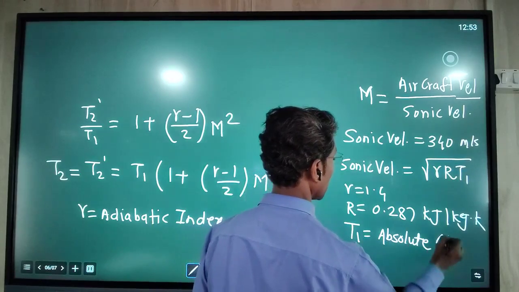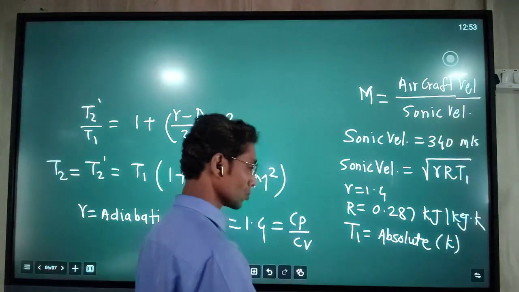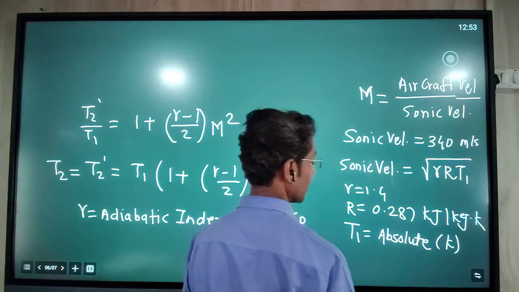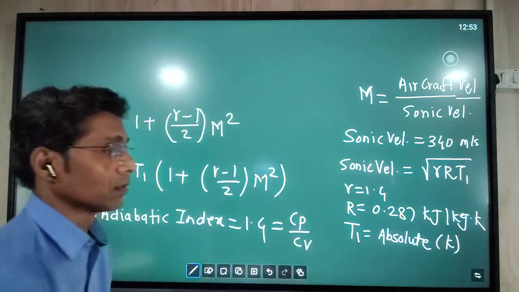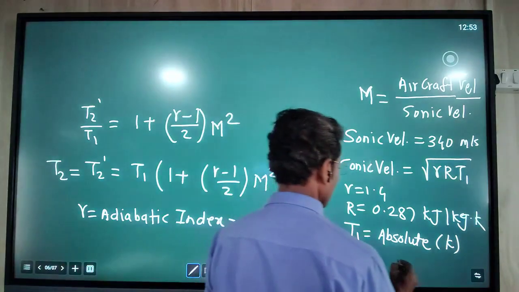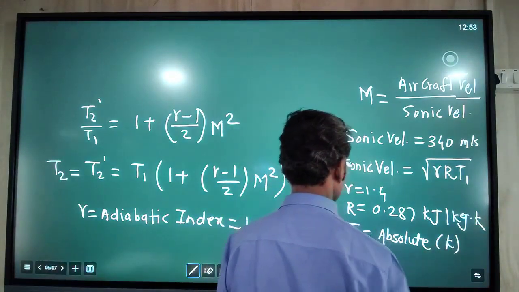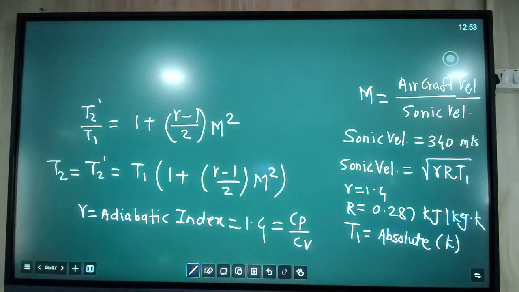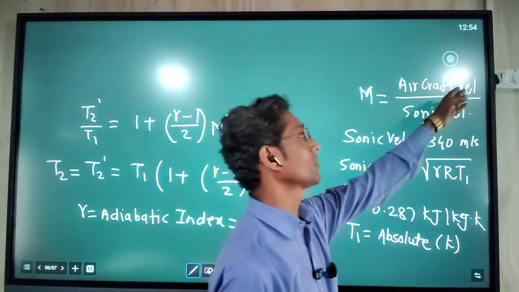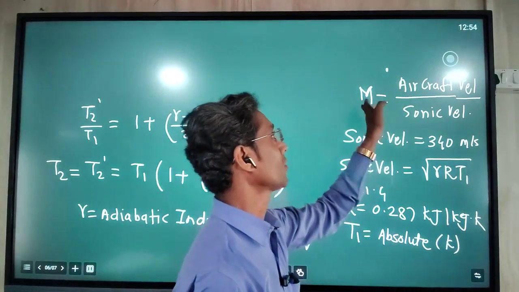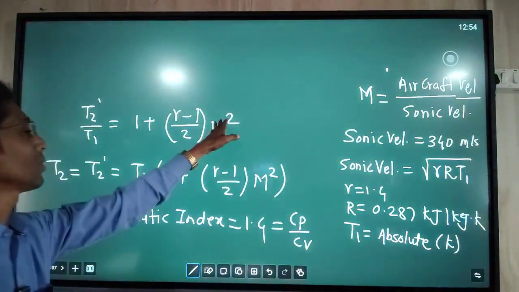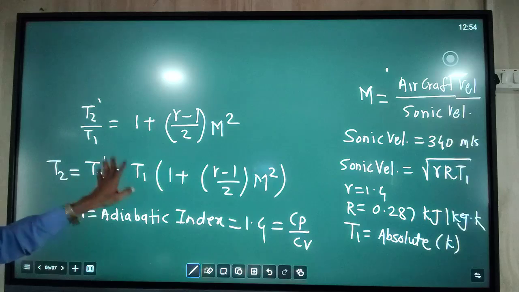Absolute means in Kelvin, so we convert degree Celsius to Kelvin by adding 273. By using this formula we can calculate the sonic velocity. Then, the aircraft velocity being given, we can find the Mach number, and by putting the value of Mach number we can calculate the value of T2 dash.